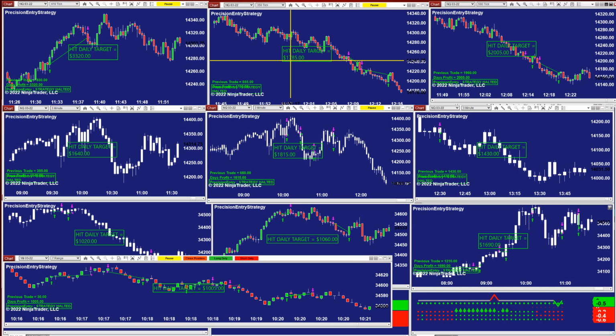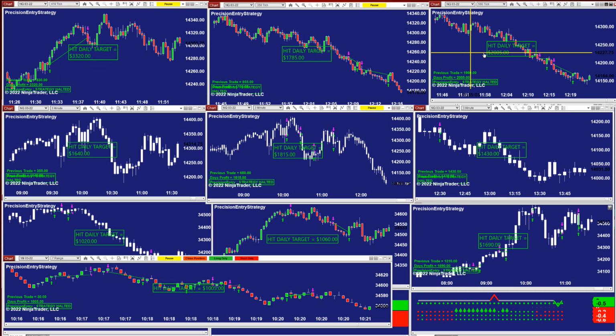And you can see it also on the 410 is 3,320, and on the 590 is very consistent, it's 2,000. Out of all those 3, I like the 350 ticks because it's been making the most money.